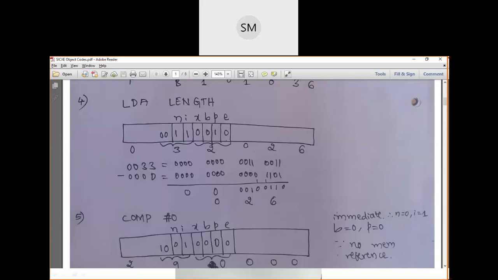Because of that, the program counter register content will be 000D. When you subtract these two, you will get the displacement. That displacement is 026. So this is how we get the object code.